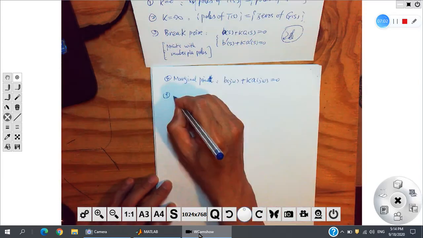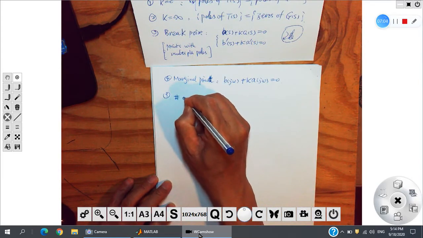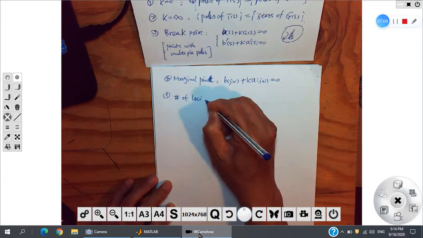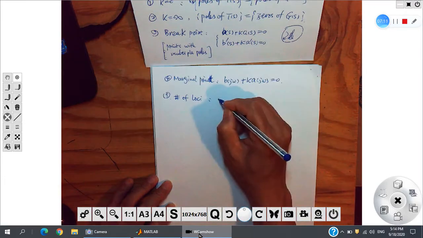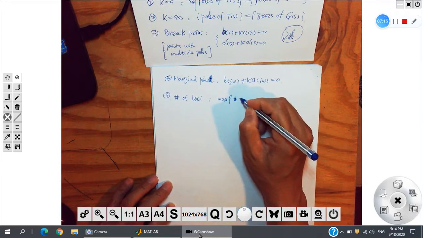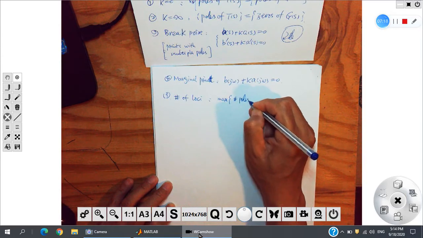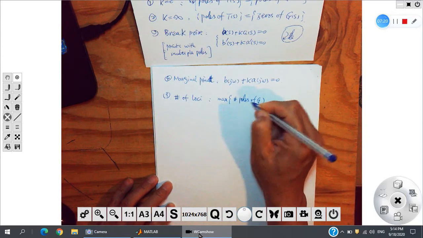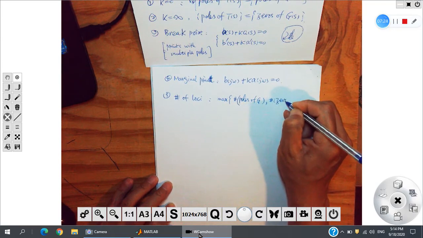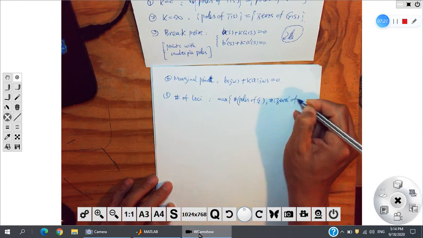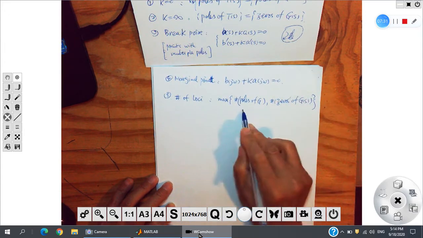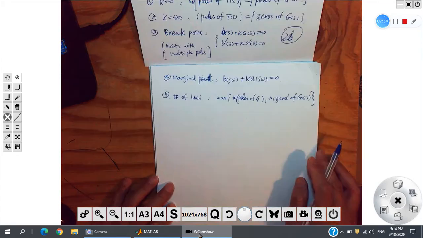The number of all the loci is the maximum of the number of poles of G and the number of zeros of G. Yeah, the larger one of these two numbers.